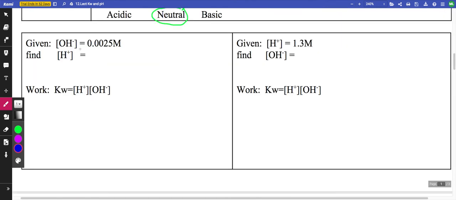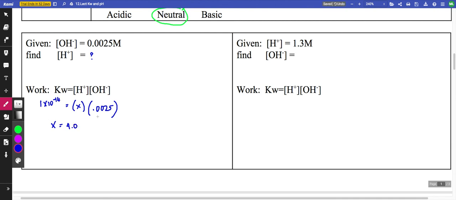Let's do some sample problems. Here, they want to know what H plus is. Here's the formula. They gave us OH minus, so you just plug it in. 1 times 10 to the negative 14 is equal to H plus, which will be your X, it's missing, times OH minus, which is 0.0025. And X, when you calculate that, will be equal to 4.0 times 10 to the negative 12.